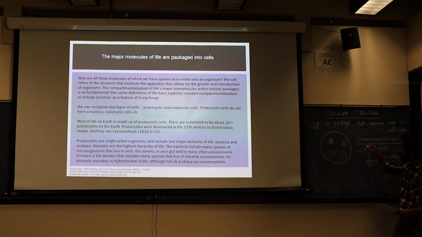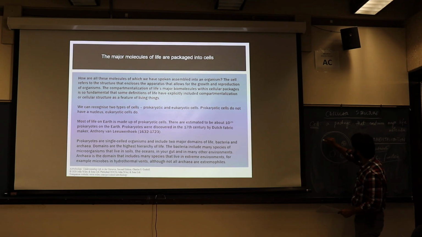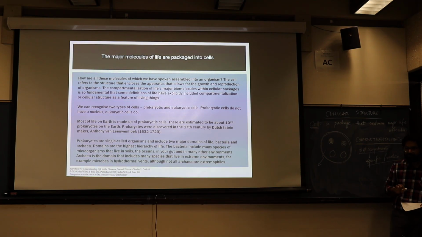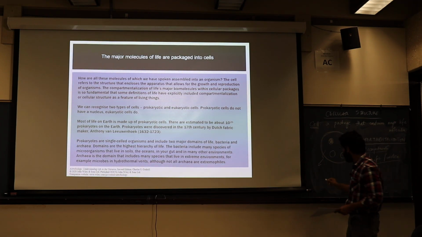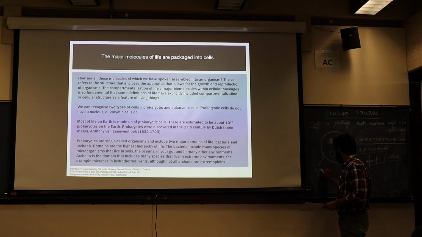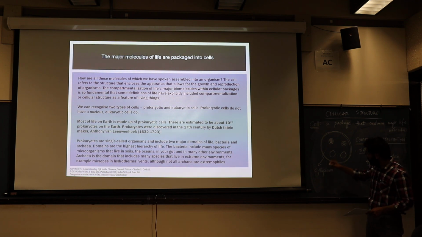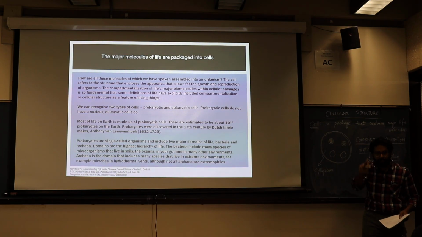Now, within these cells, this area is called what? That empty space? Cytoplasm. So that's what it's called, the cytoplasm. Now, this cytoplasm will be hosting these different cell organelles, and each of these cell organelles will have their own boundaries.